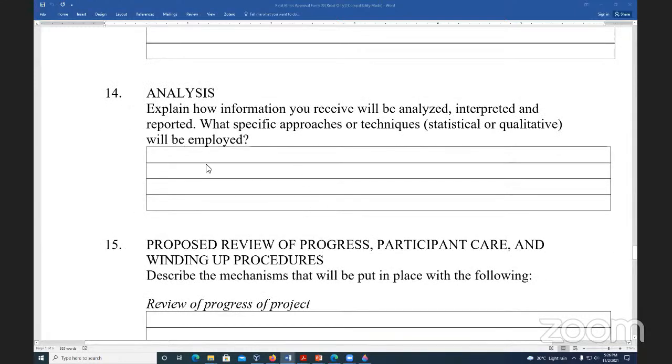And this is where you should indicate that you're going to use some specific statistical technique. Most students just write graphs will be created, which is not best practice.